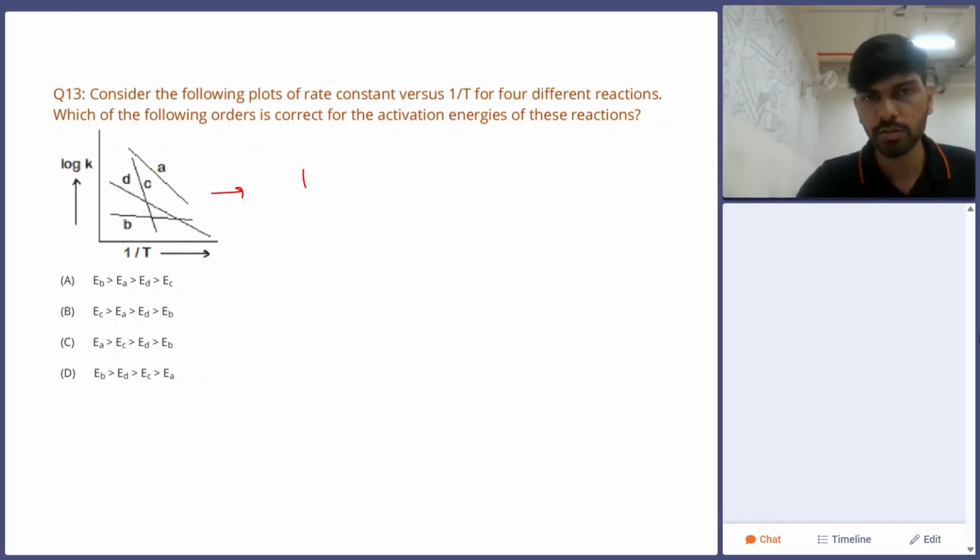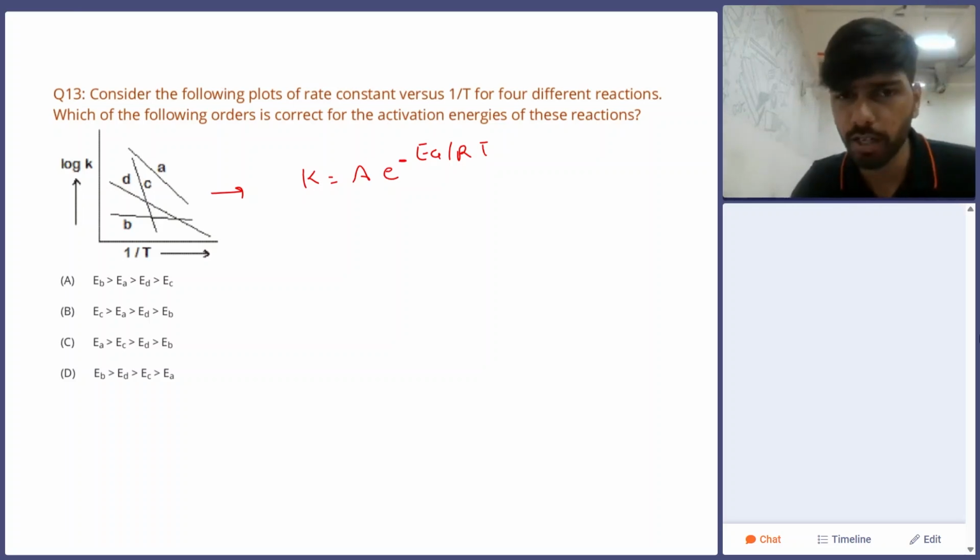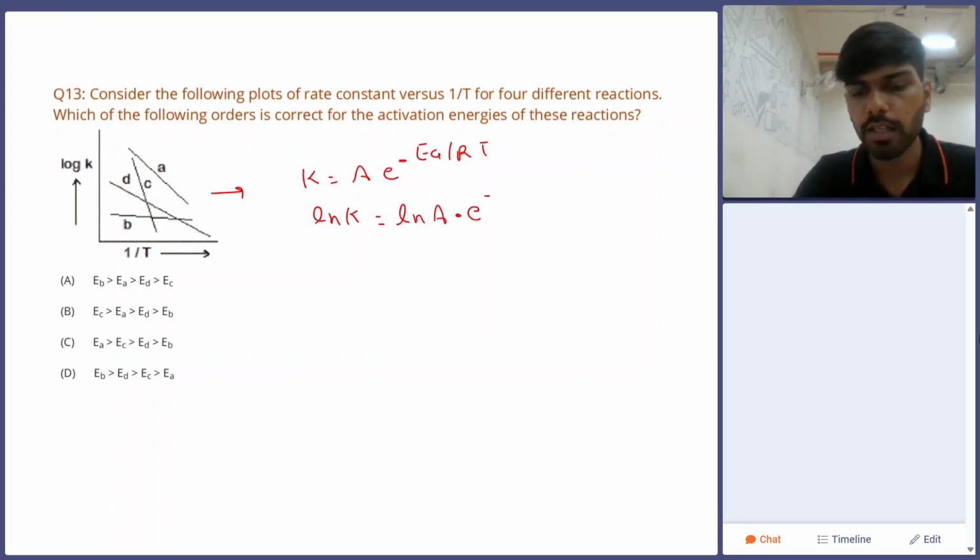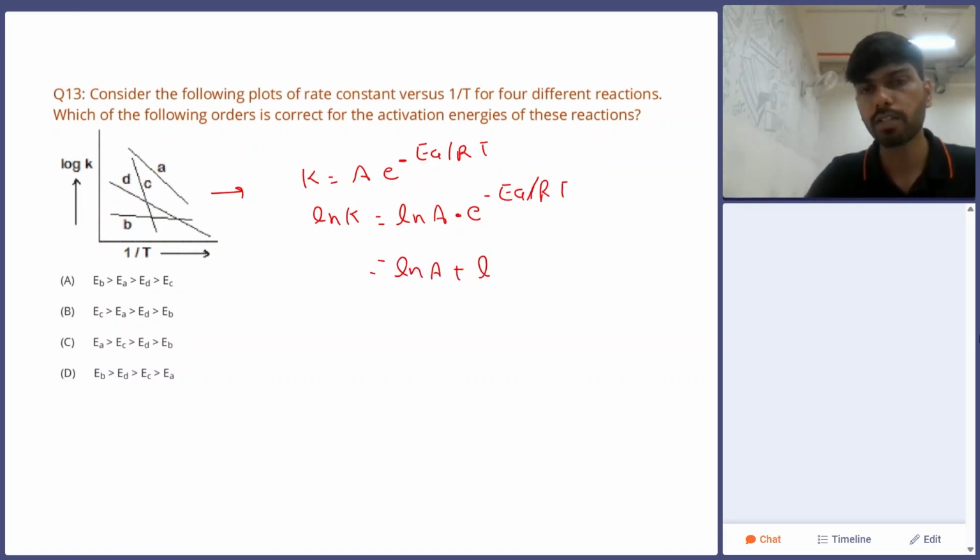For that plot, let's use K is equal to A e to the power minus EA by RT. This is the log K versus 1 by T plot, and we have to write it like this. If I take ln both sides, ln K is equal to ln A e to the power minus EA by RT, so ln K is going to be ln A minus EA by RT.